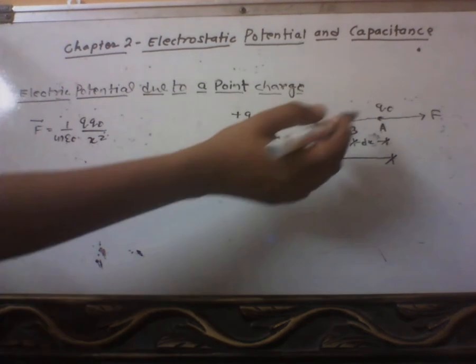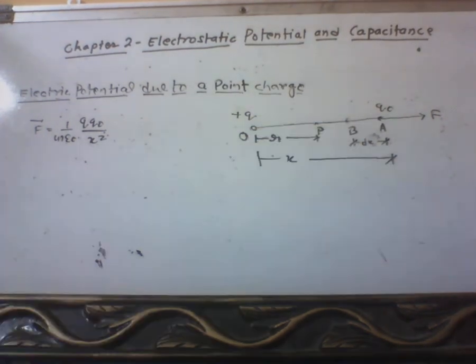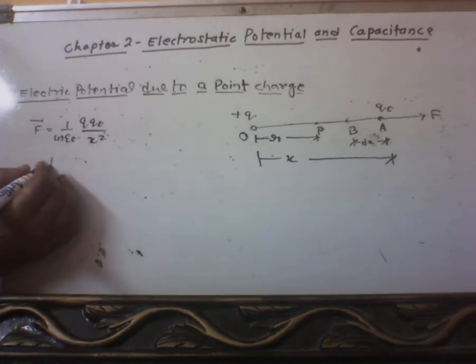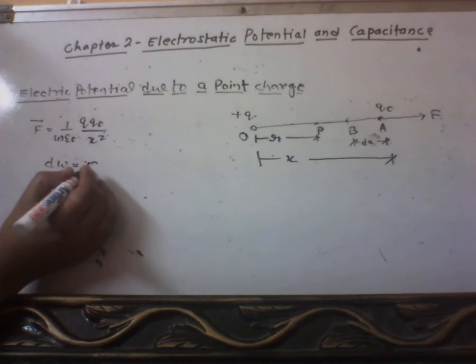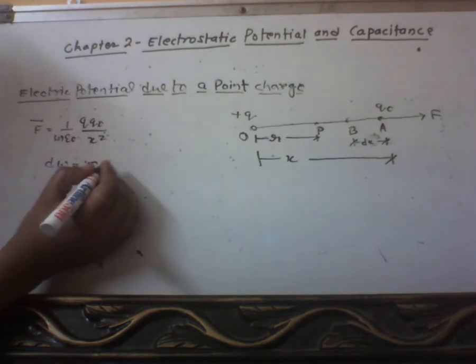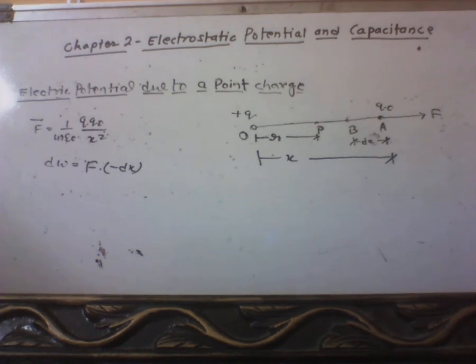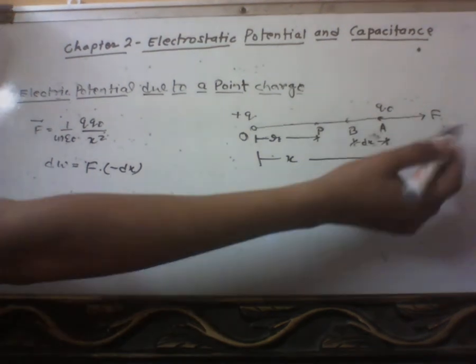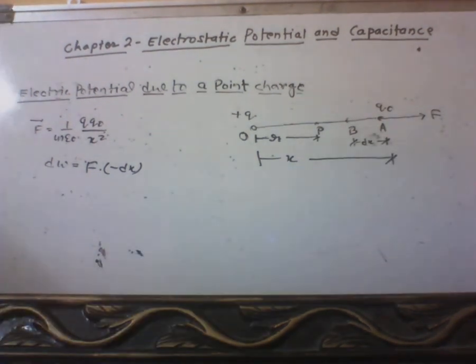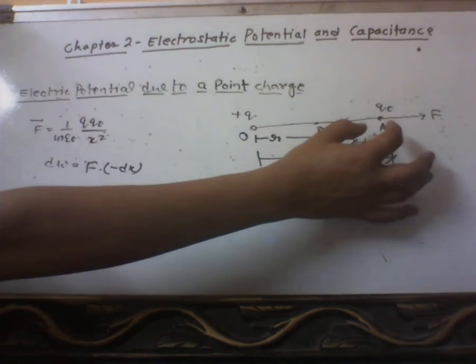Let this test charge Q naught be displaced by dx, then the work done will be dW equals F into minus dx. It is taken minus because the force is acting in this direction and the displacement is being done in the opposite direction.